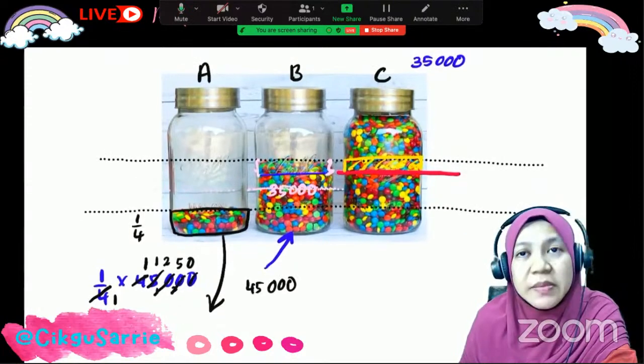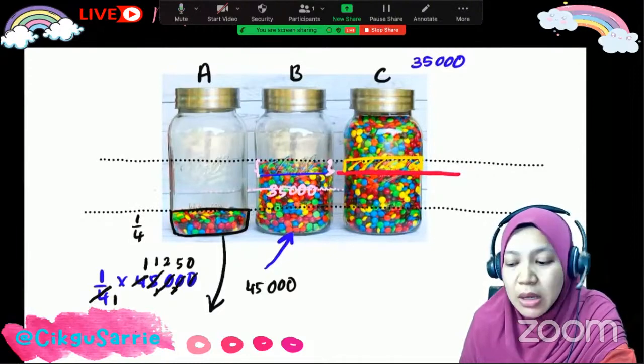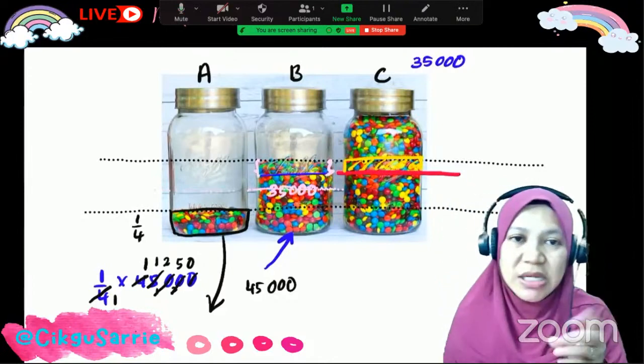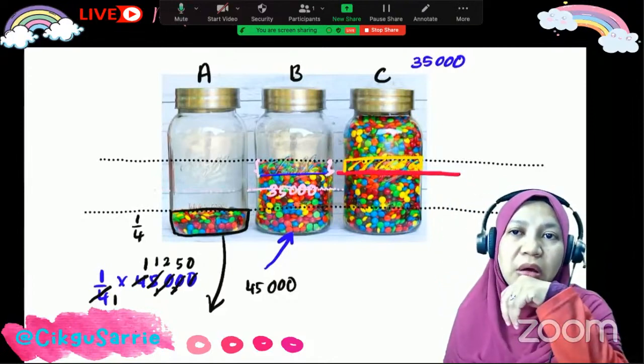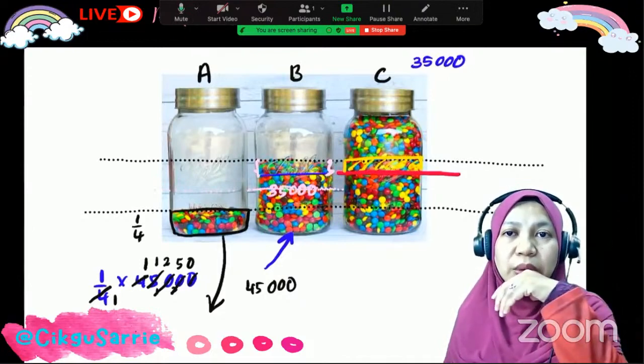From estimation we can learn how to do rounding off, because rounding off and estimation are not the exact value or numbers.